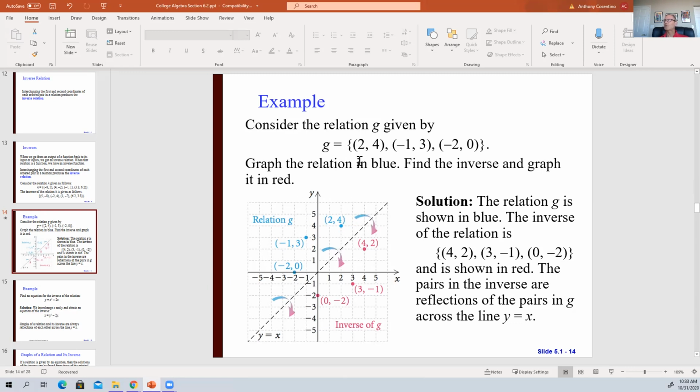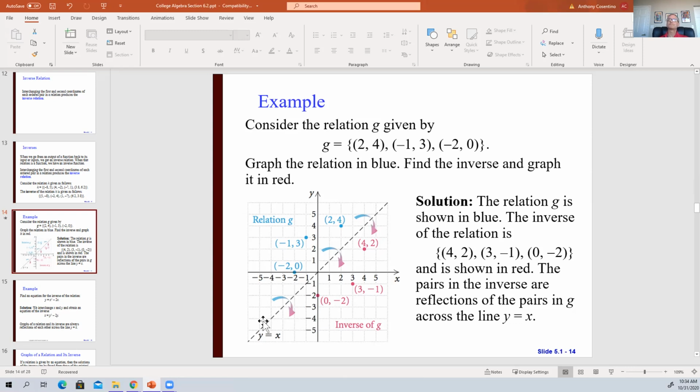And so you can see when we do the inverse, which is we flip these, the 4 becomes the x value here, y equals 4, x equals 4, x equals 2, y equals 2. And you can see that it's a reflection right around the line which is our identity, y equals x.